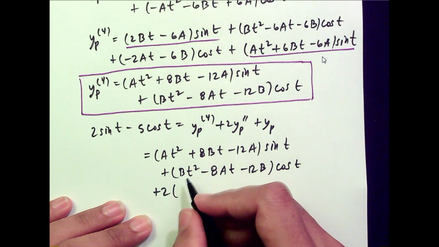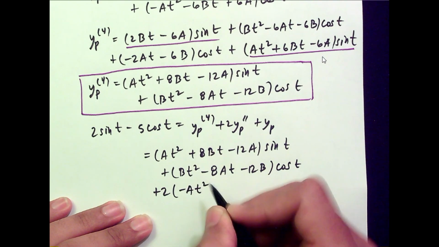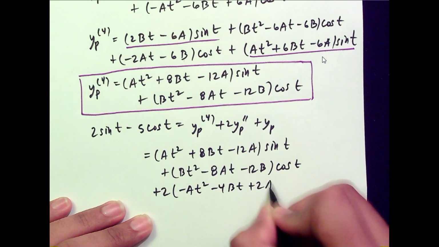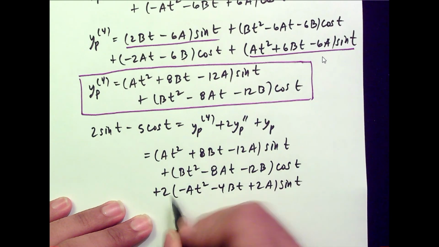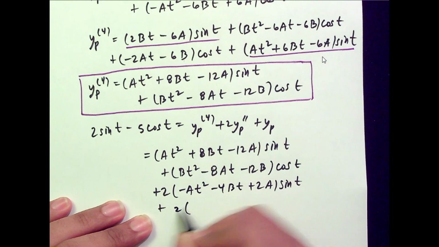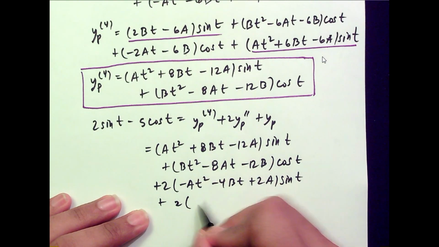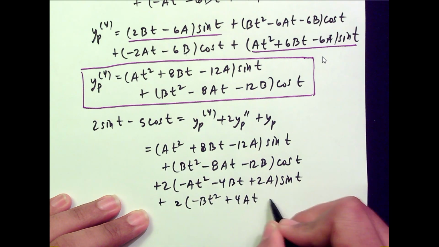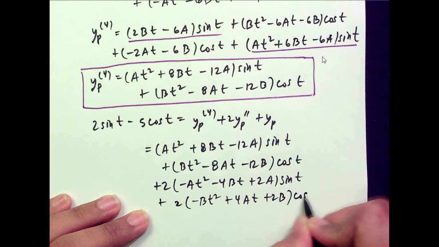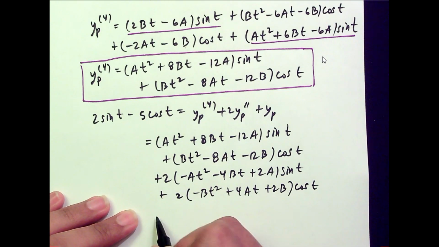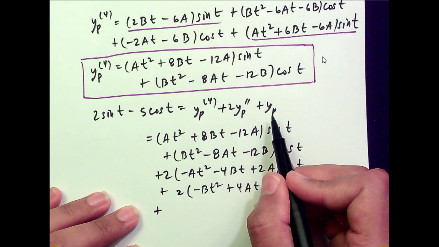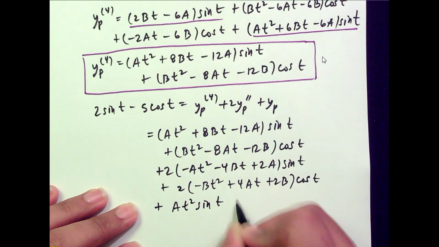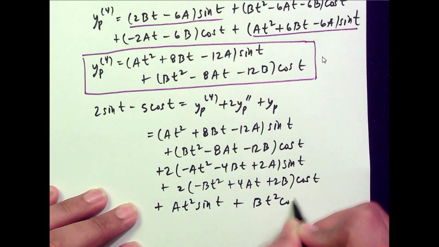So I'm going to write plus 2 times negative at squared minus 4bt plus 2a sine of t, plus 2 times, again, everything doubled, minus bt squared plus 4at plus 2b cosine of t, plus yp, and yp was at squared sine of t plus bt squared cosine of t.